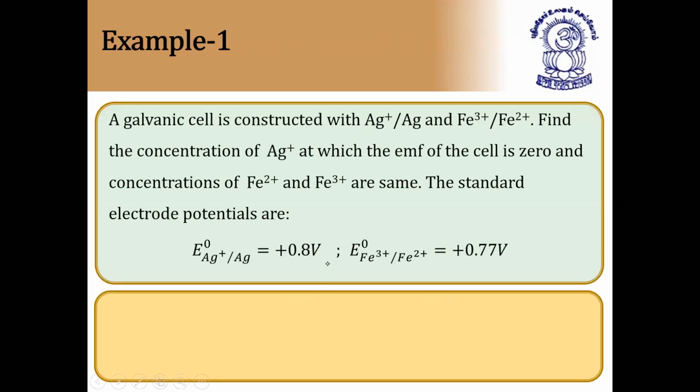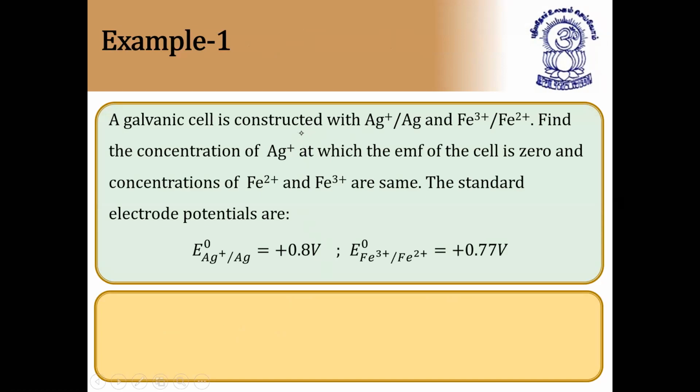Now questions based on this. A galvanic cell is constructed with Ag plus to Ag and Fe plus 3 to Fe plus 2. Find the concentration of Ag plus at which the EMF of the cell is 0, and the concentrations of Fe plus 2 and Fe plus 3 are the same. The standard electrode potentials are given, and they are asking us to find the concentration of silver plus.